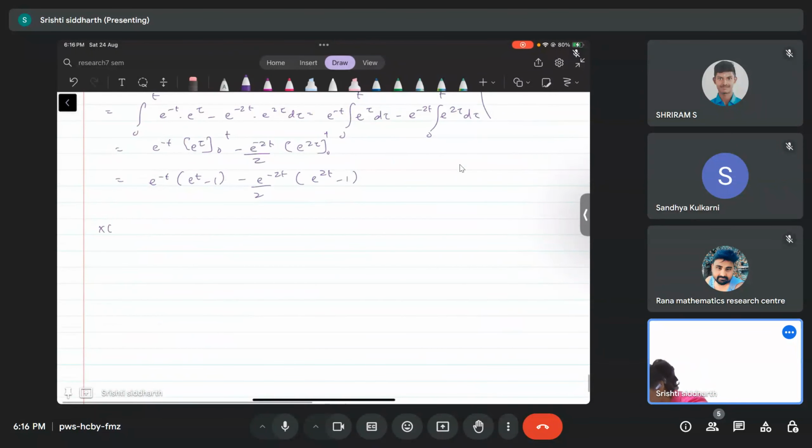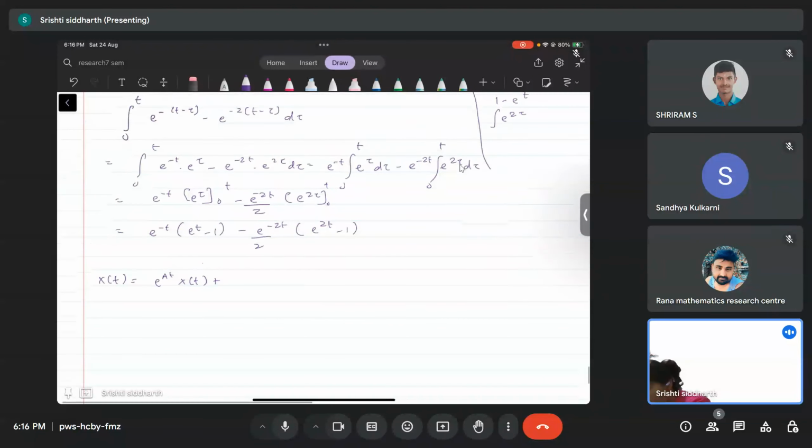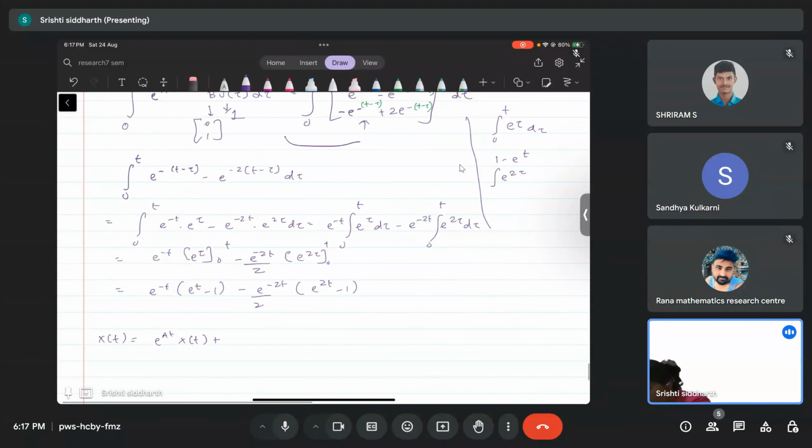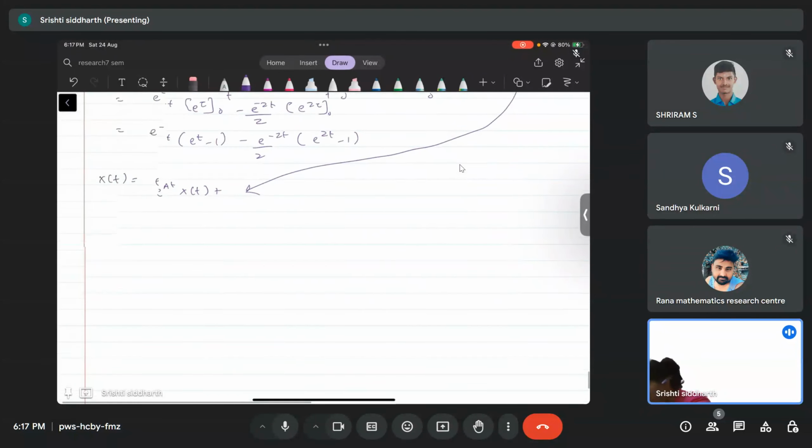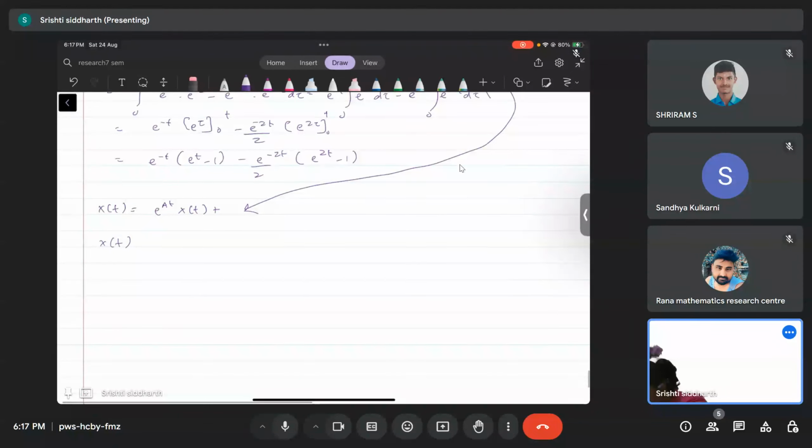So what's x(t) then? e to the power At x0 plus the integral of this. So this gets substituted here. So I'm going to write this down. x(t) becomes, sorry, this is going to be x0.